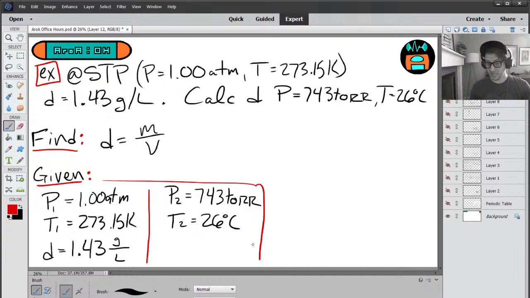Now we know we're dealing with a gas, right? So we're going to need to use one or two, possibly, of our gas laws. The first one to look at is PV equals nRT. Now there's a trick.